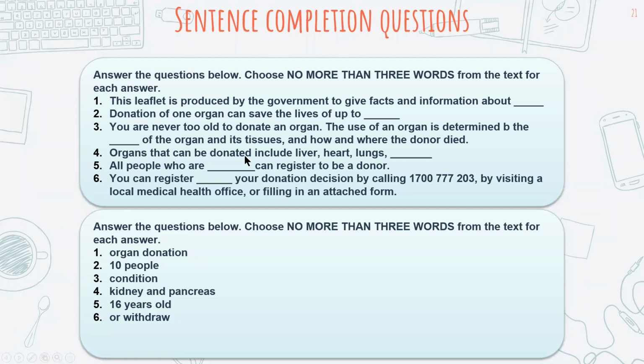Organs that can be donated include liver, heart, lungs. So, sometimes you can get confused easily in the exam, okay? So organs donated, liver, heart, lungs. I need to be looking for these three. Okay.